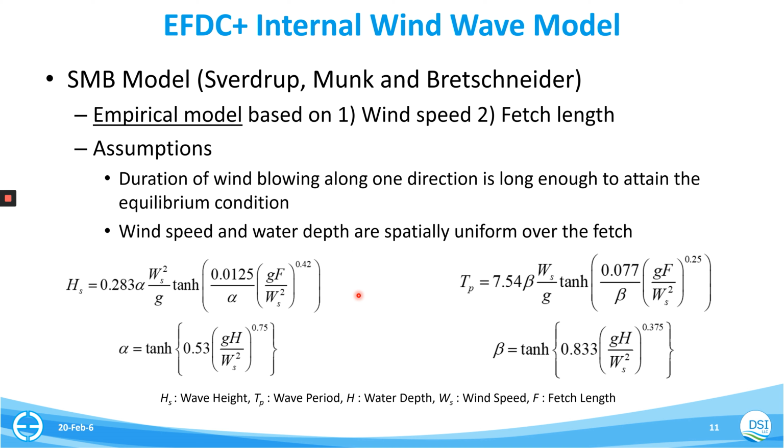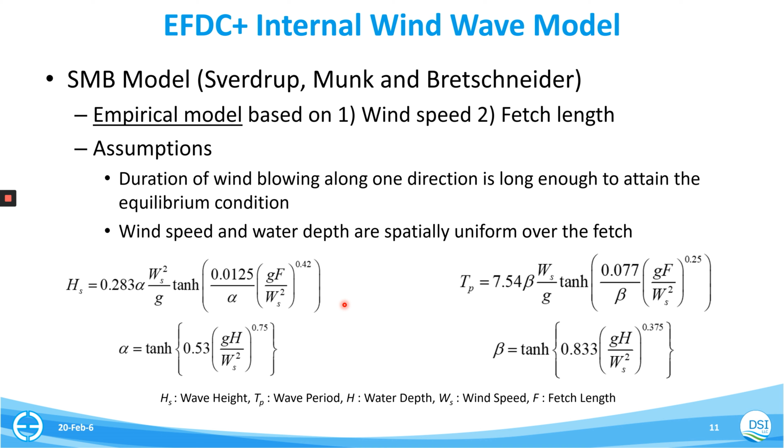So this is how the internal wind wave model works. It is not a physics-based model. It is just an empirical model, so you won't be able to see every wave motion in much detailed form.